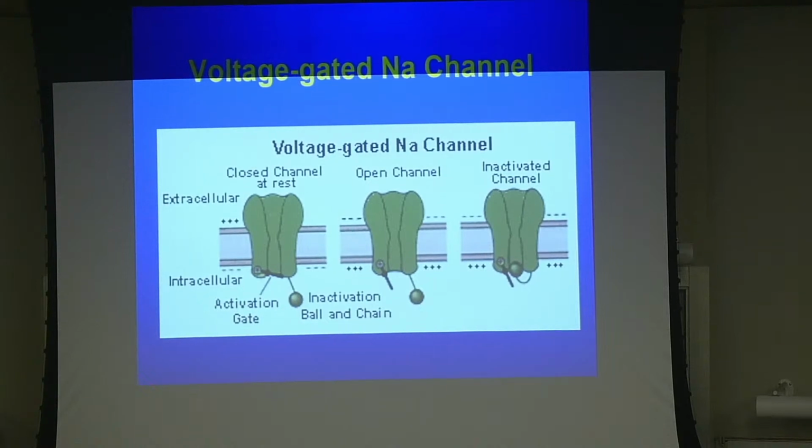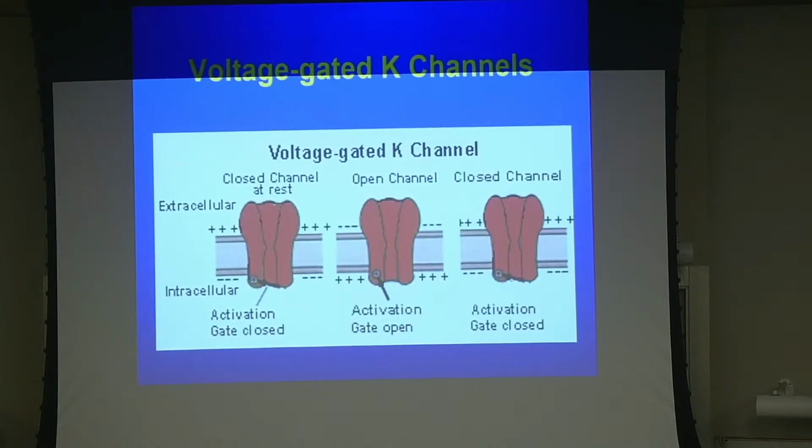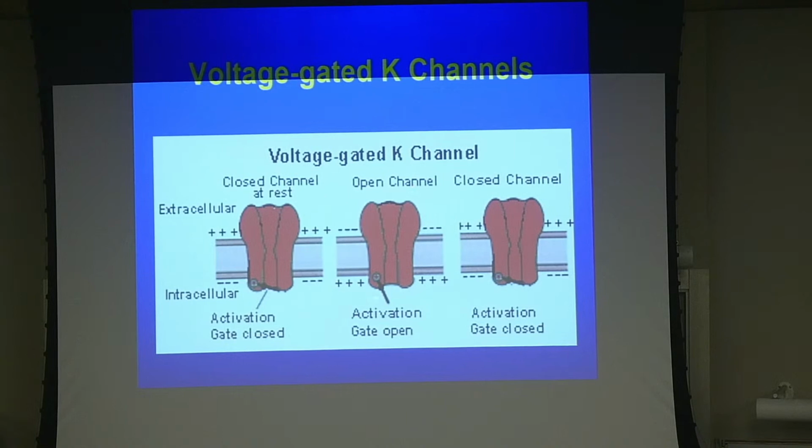And at that point, we begin opening the next set of channels we talked about, and these are the voltage-gated potassium channels. The voltage-gated potassium channels, again, are shown similarly here. Here's this tooth. It has a voltage gate on it. Normally, the gate's closed when the inside is negative. But when sodium comes in and delivers positive charge, that causes this gate to open.